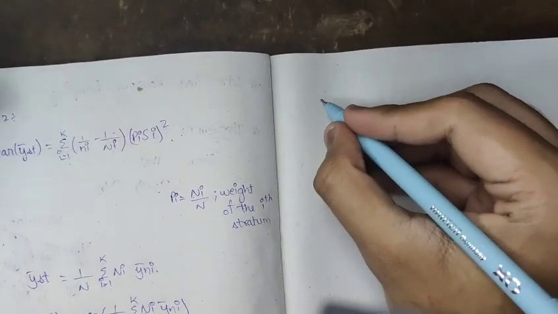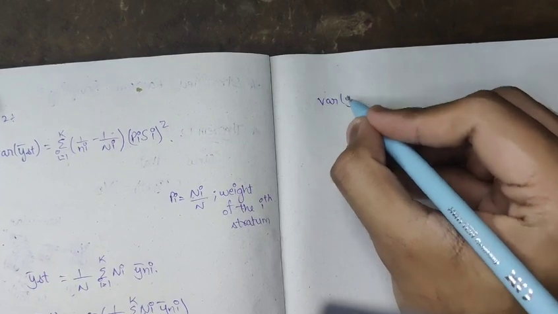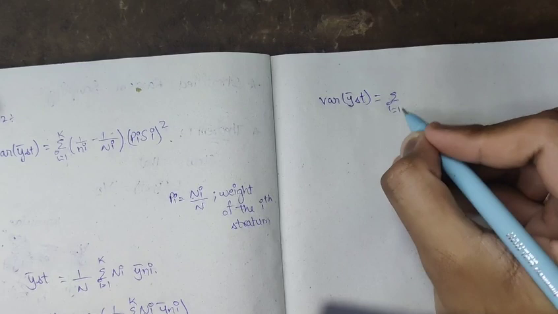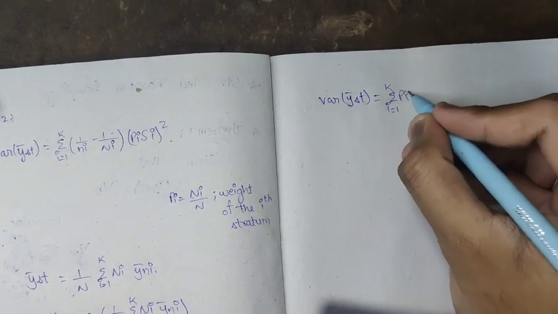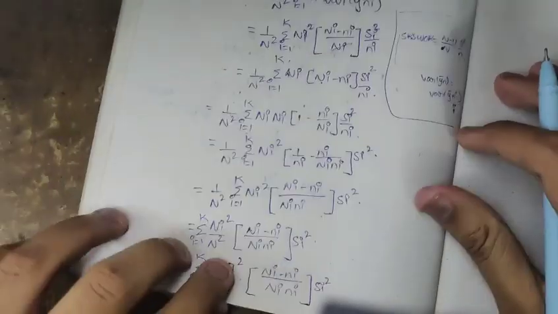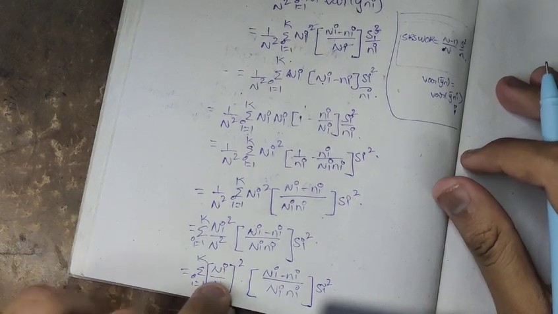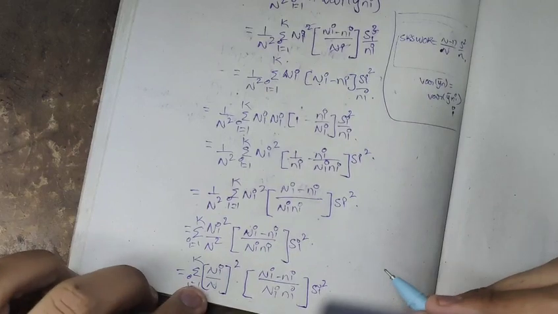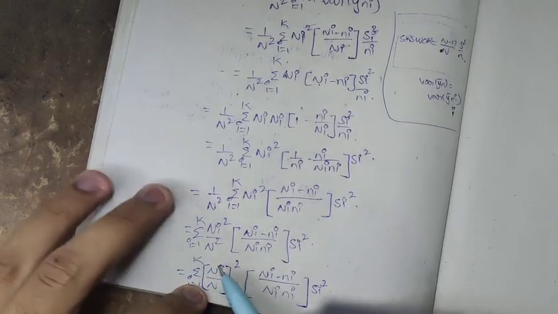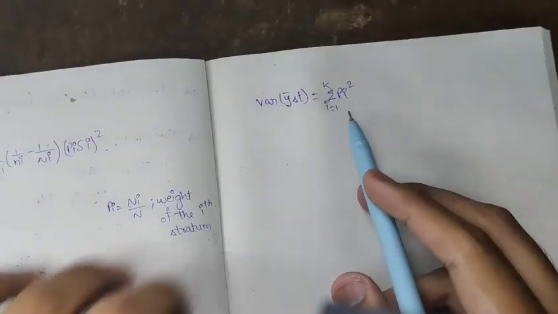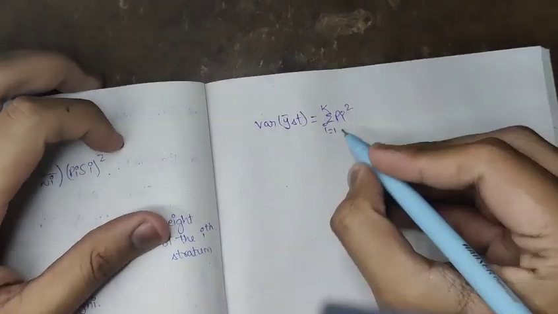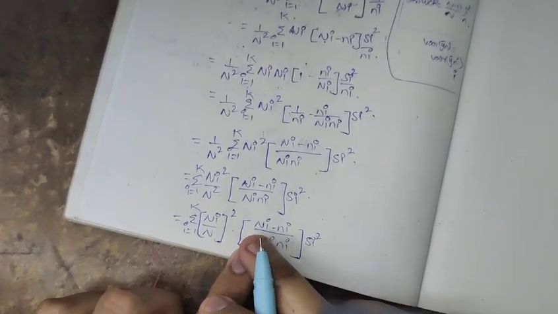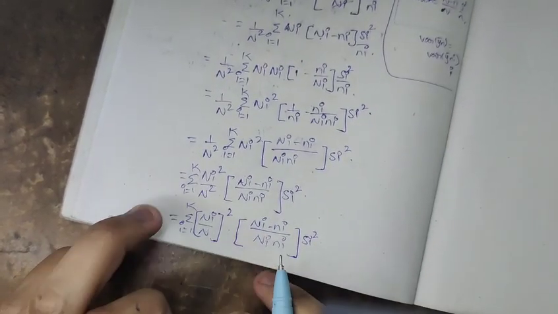So the variance of ȳ_st is equal to the summation from i = 1 to k of P_i², because there is a square outside, so N_i/N equals P_i becomes P_i². Into it, we got (N_i − n_i)/N_i.